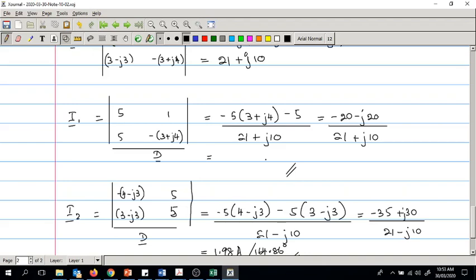So that's minus 20 plus 20I divided by brackets 21 plus 10I. What I get is 1.22, actually 1.2622 angle minus 160 degrees.